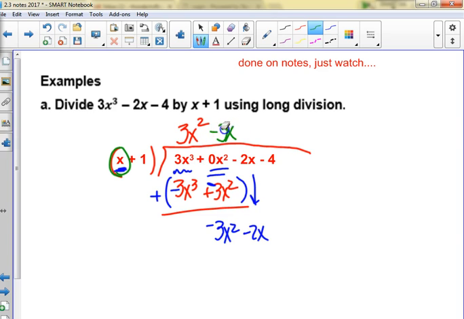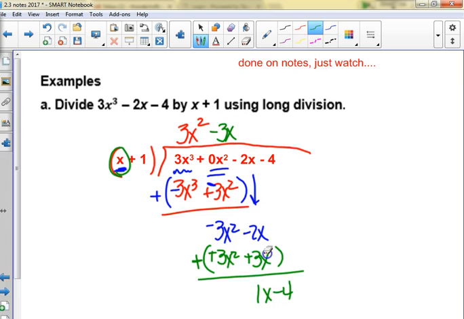Negative 3x times x is negative 3x squared, but the negative 3x also multiplies by the 1, so I get negative 3x. I need it to be exactly the same because then when I subtract, it becomes minus a negative or plus positive. The same thing happens back here, where I change the signs and add. I have 1x minus 4.